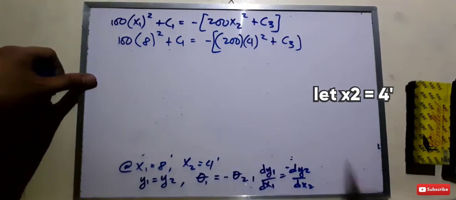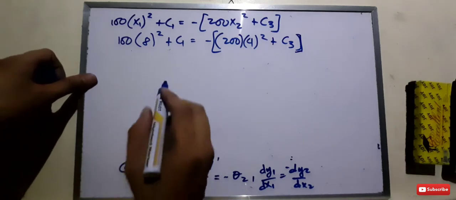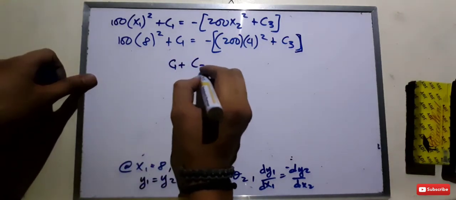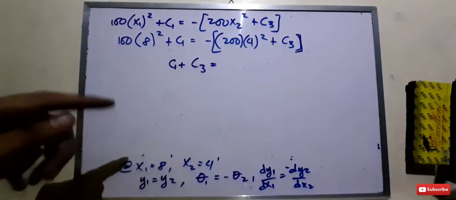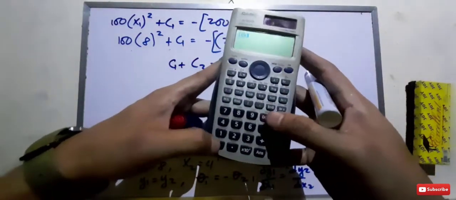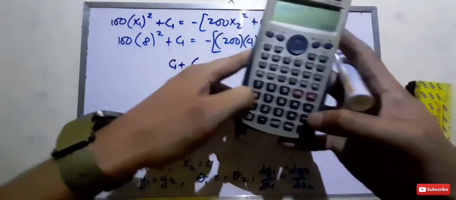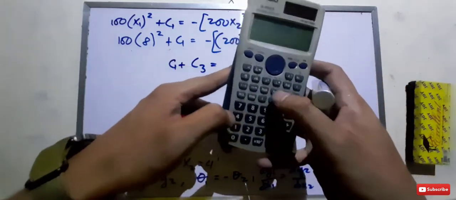So, evaluate lang natin yan. Magkakaroon tayo ng C1 plus C3 equals, kasi may negative, so ilipat natin ang C1. You will have 100 times 8 squared minus 200 times 4 squared.